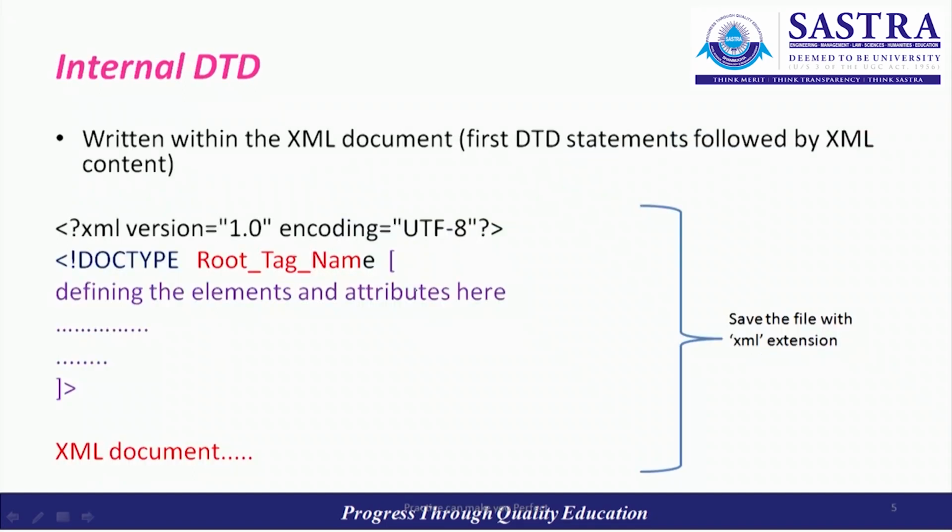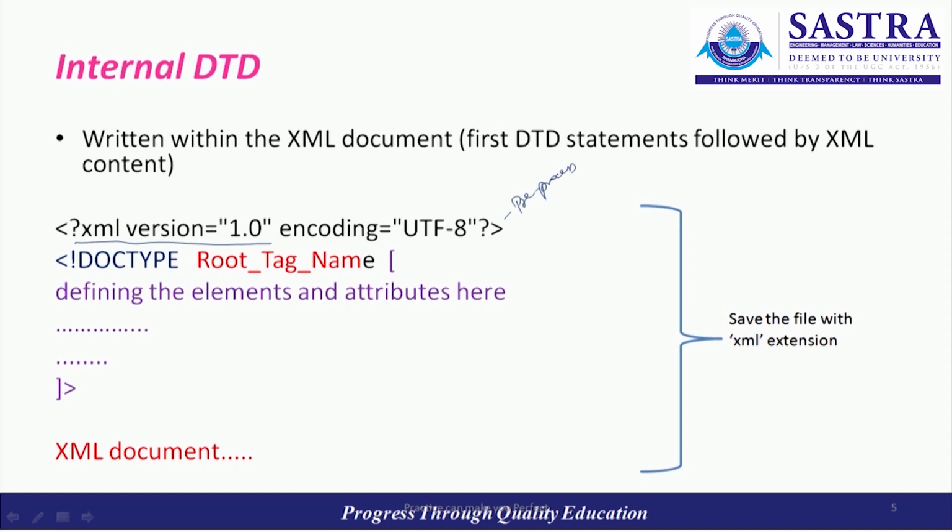Coming to internal DTD. How can we create the internal DTD, and where should it be included? Here you can see <?xml version=1.0 ?> we have written. Usually we create an XML document with this pre-processing statement.